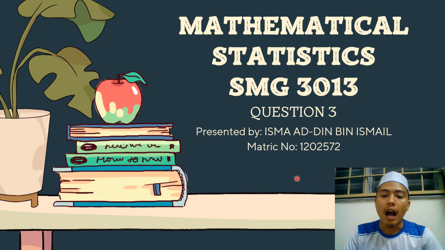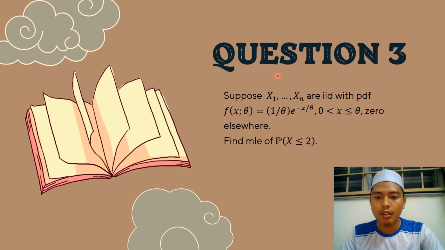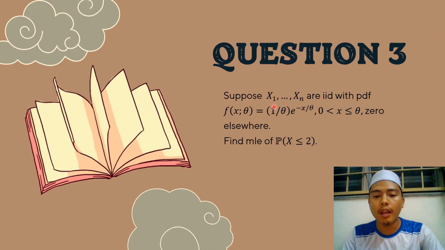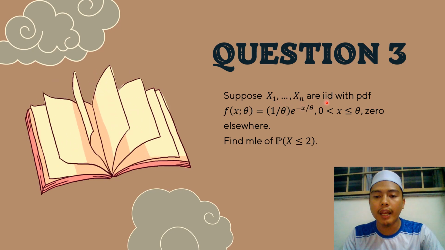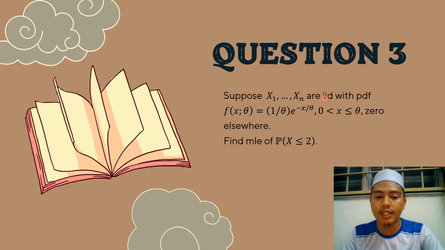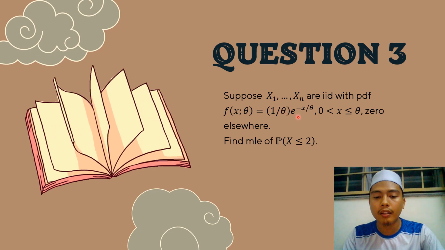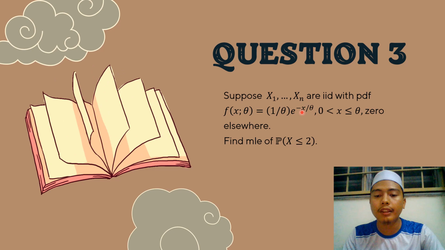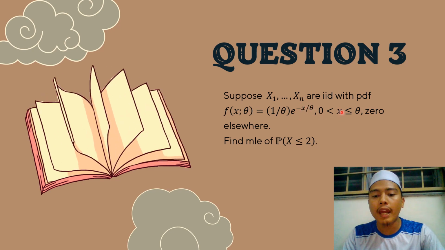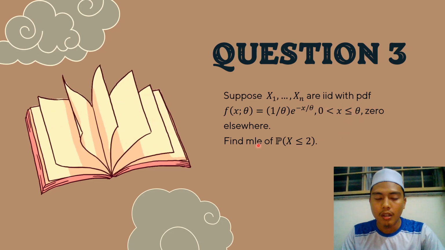Today, I want to present question 3 in the assignment of mathematical statistics, SMG 3013. Question 3 is talking about: suppose X1 until Xn are independent identically distributed with probability density function f(x; theta) equal to 1 over theta times exponent power of negative x over theta, where x is between 0 and theta.